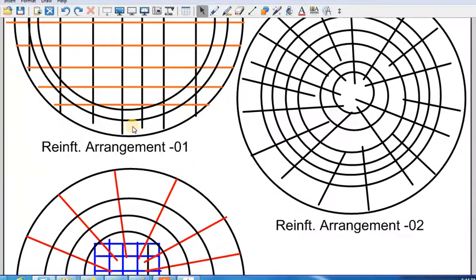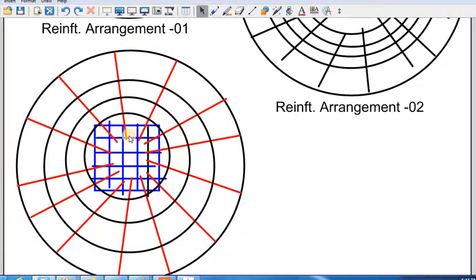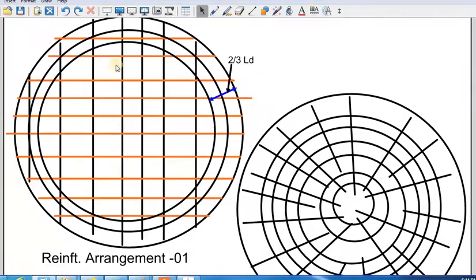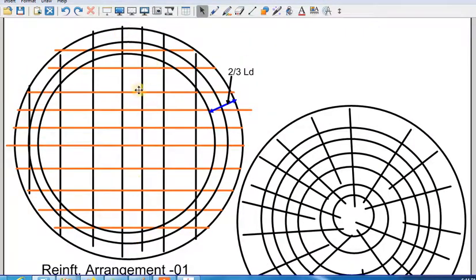Before we go into that, these are the normal reinforcement arrangements. Reinforcement can be arranged in three different ways. One way is to place bars orthogonally, like this and horizontally like this, to take care of both the radial as well as tangential stresses.